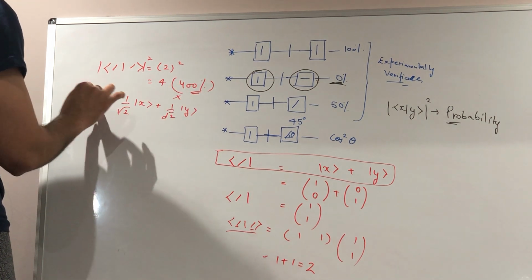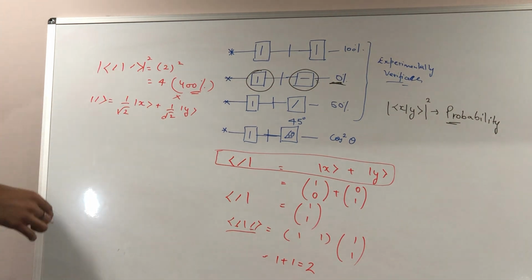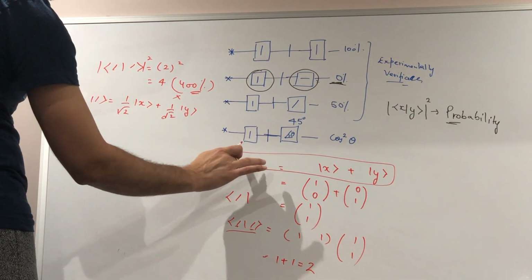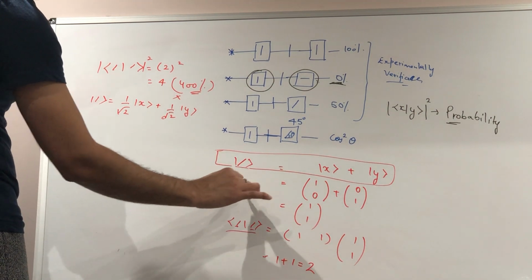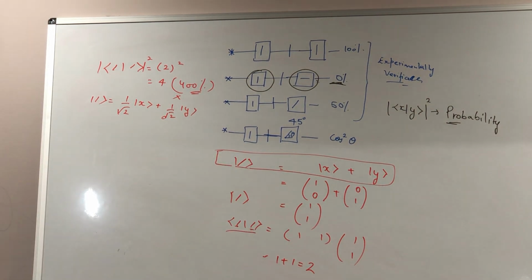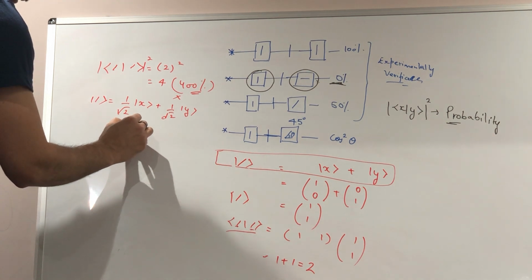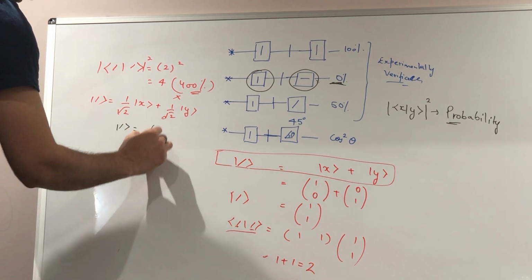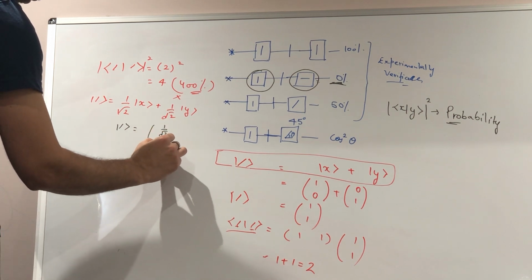Don't forget to change, this is a ket vector here, right? Yes, a ket vector. I just messed up here, sorry about that. So this is how we do it. The corresponding vector will be 1 over root 2, 1 over root 2.